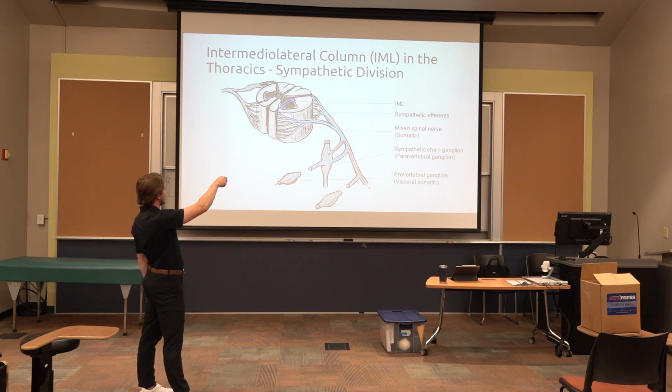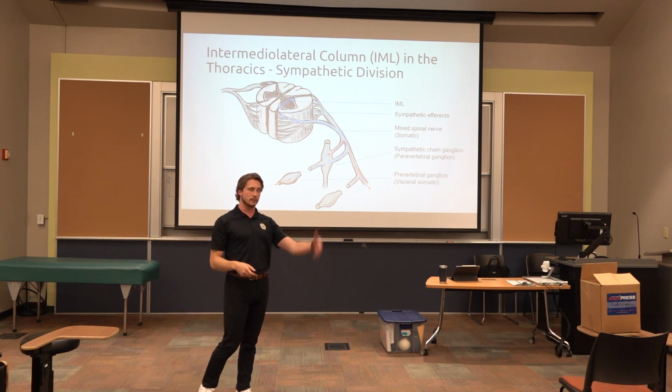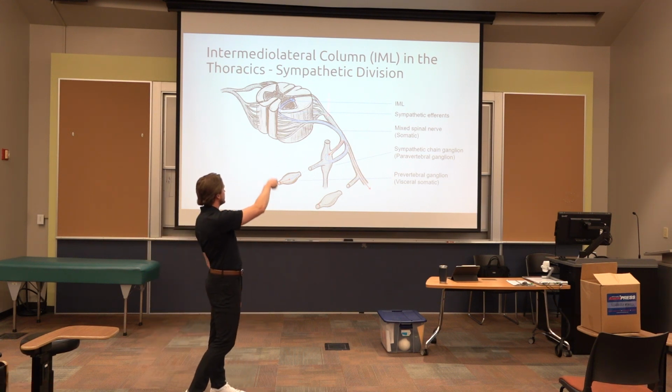As we start over here, we have our IML, that little corner right there. What we're looking at in this pathway, in this blue that I'm tracing here, goes in this direction. This is our efferent portion, anterior nerve roots and rootlets. Then we get to this guy right here, your sympathetic chain ganglion or paravertebral ganglion. Those run the same length as the IML.